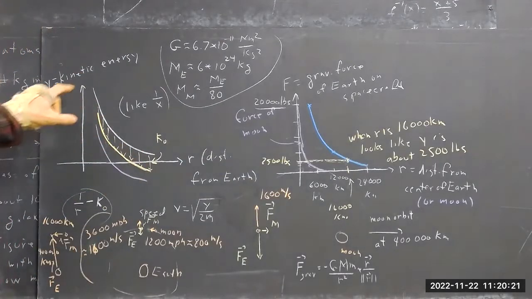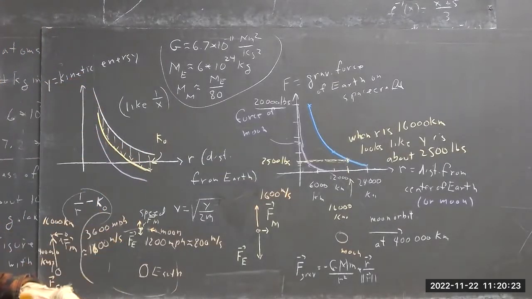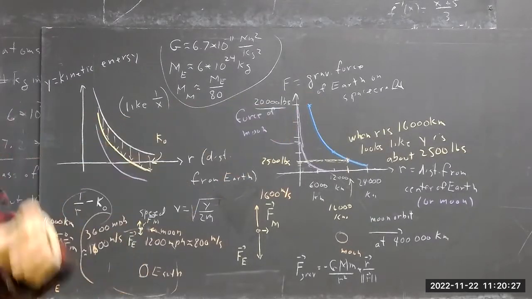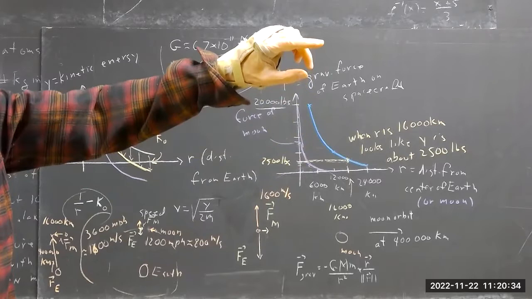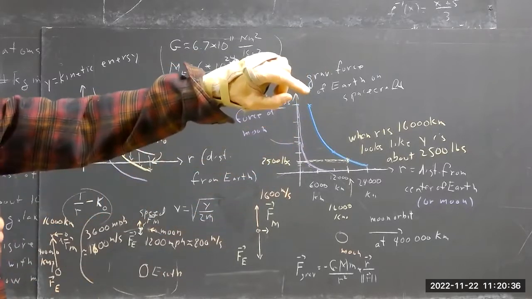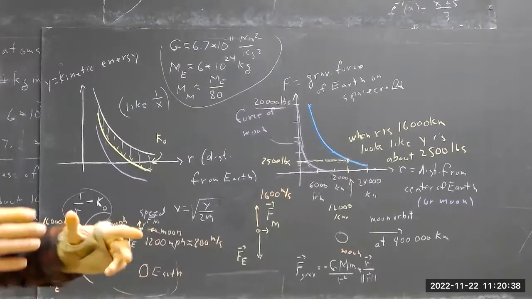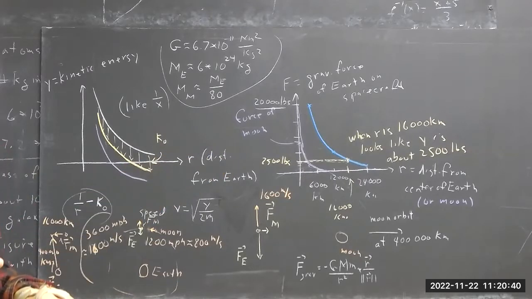This one talks about kinetic energy, which is just how much energy you need to get there. When you burn the rocket, you make it go faster and increase its kinetic energy. And then it coasts, but it keeps losing energy because Earth keeps pulling it back, just like when you're trying to coast uphill.